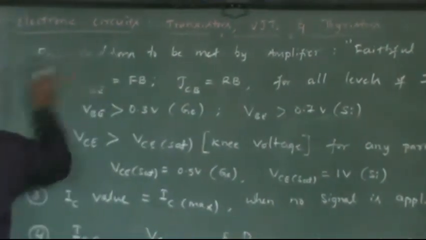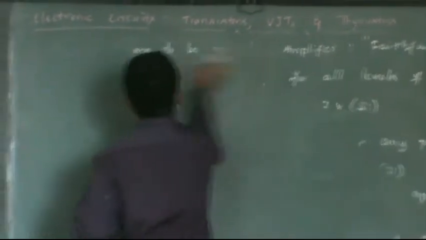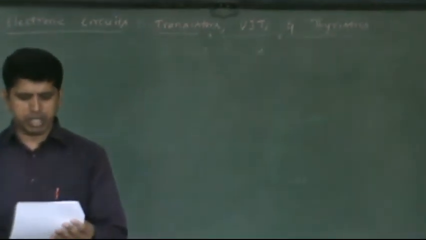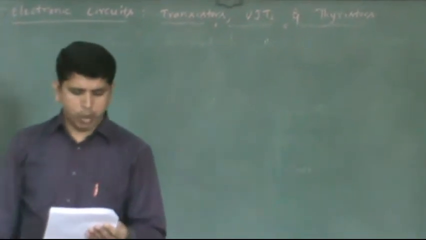The DC collector current, in bracket you can take IC, both uppercase, I sub C, the DC collector current IC and the DC collector emitter voltage VCE when no input signal is applied, are collectively referred to as operating point.